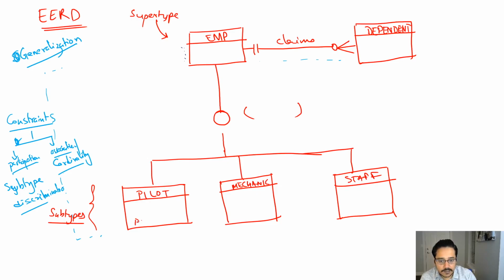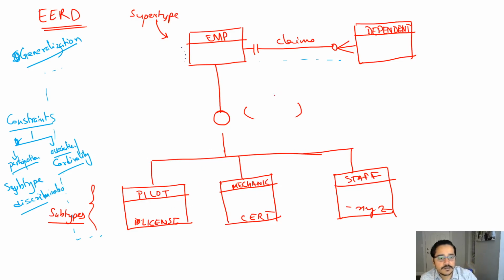So let's say pilot license, certificates, and I don't know what a staff has. This is what I cannot figure out. Something XYZ. What will be specific to a staff that will not be in mechanic or pilot? Degree? Clearance? Something along these lines.